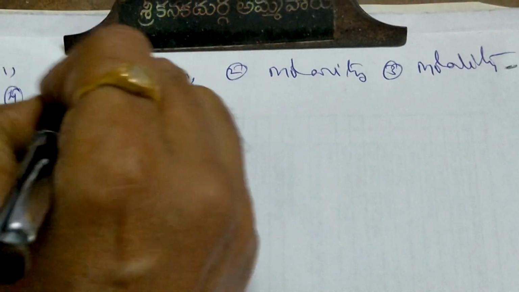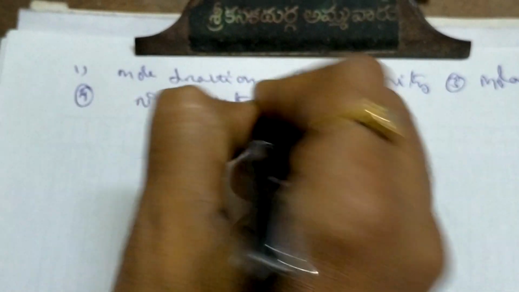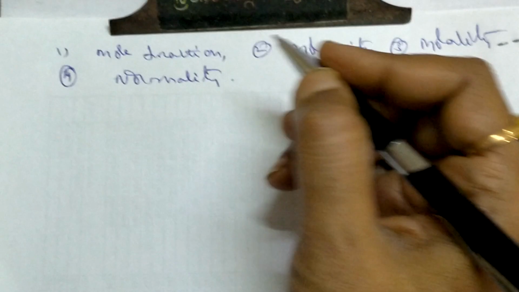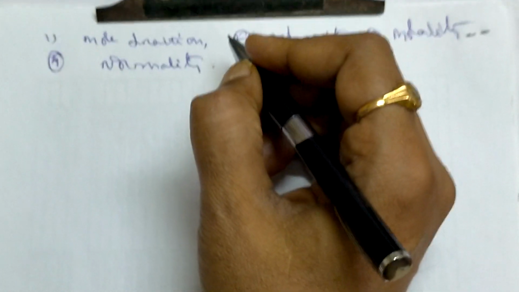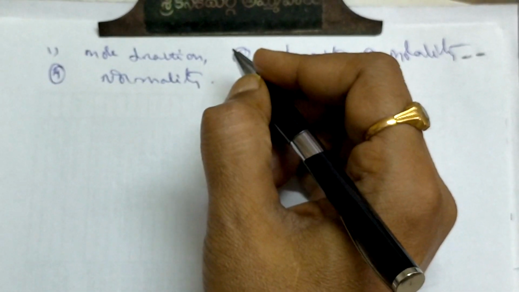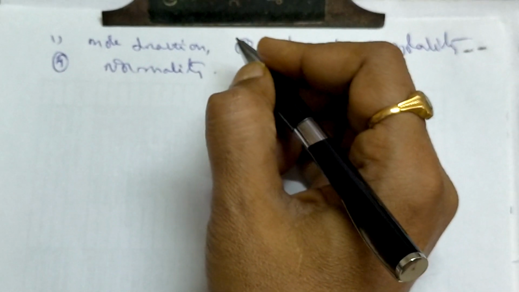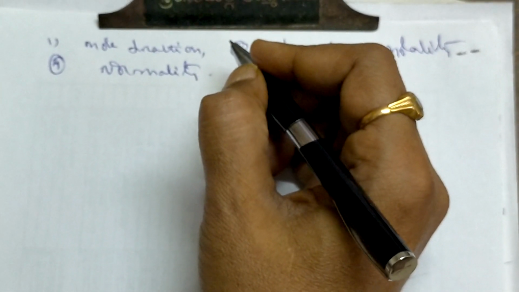Number 4, normality. These are the common concentration units generally used in stoichiometric equations or any chemistry. In particular, molarity and normality are very frequently used because they are very convenient to use.